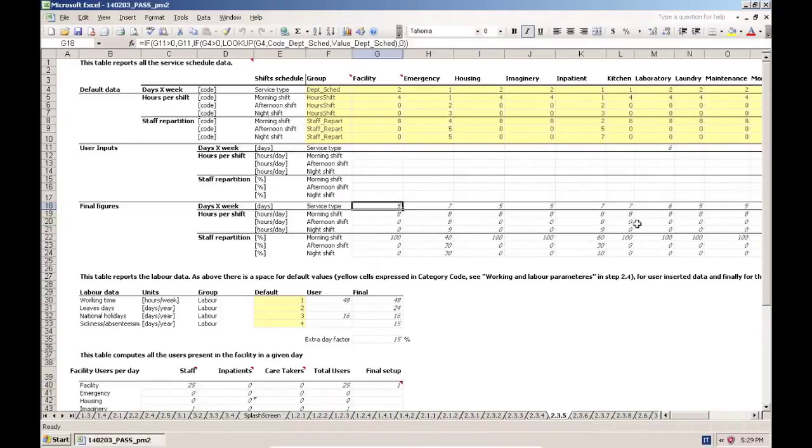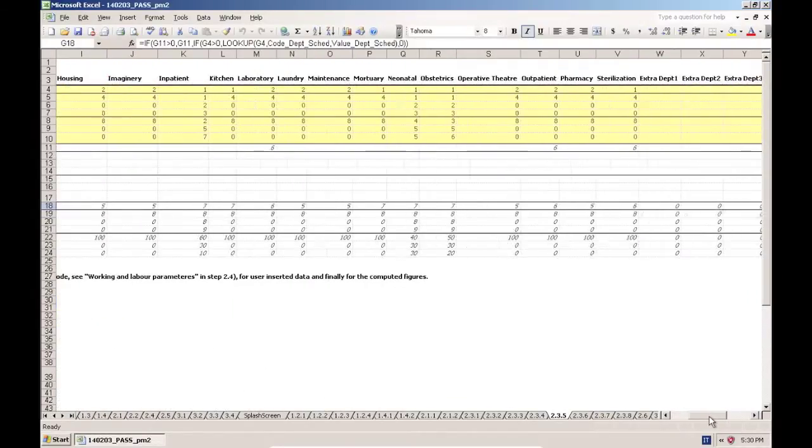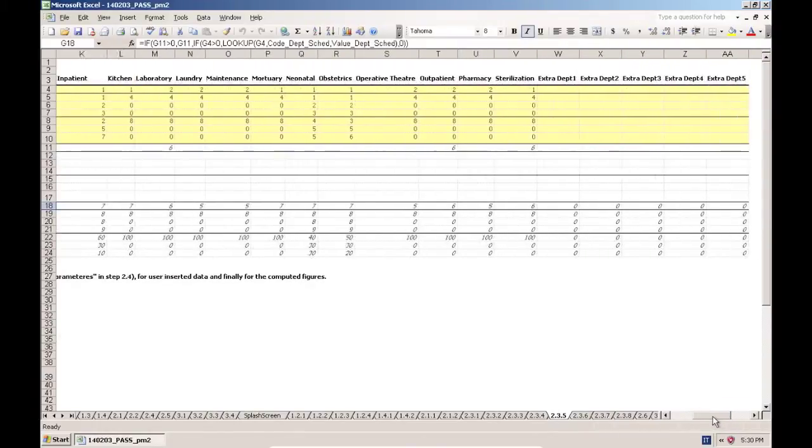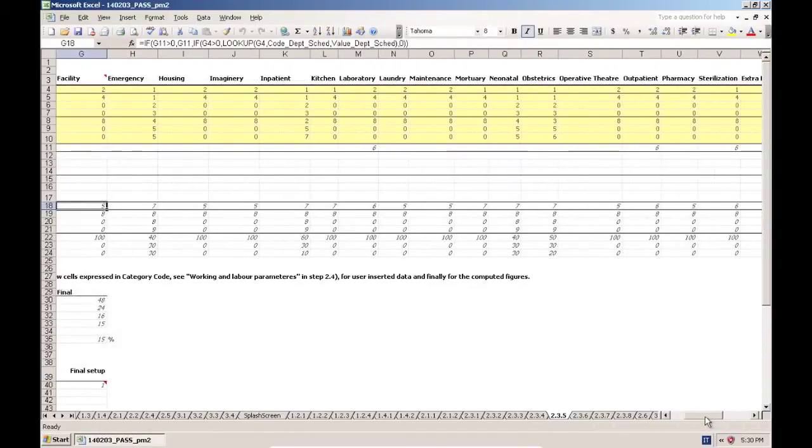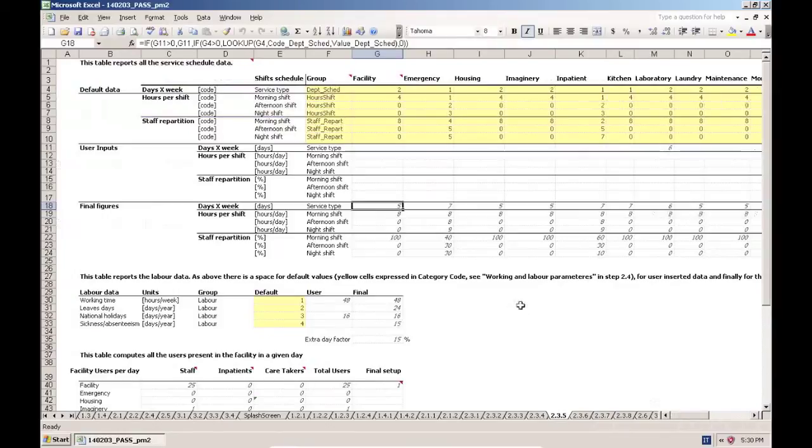So here you have the days per week, etc. Once again, Pass is computing all the factors for all the services, and only after is selecting the one that you are interested in.